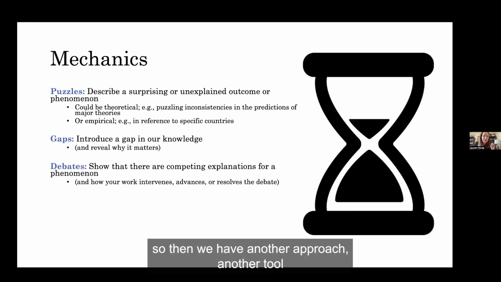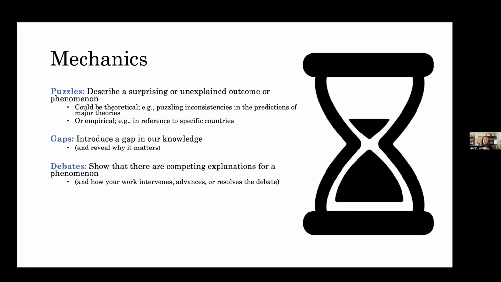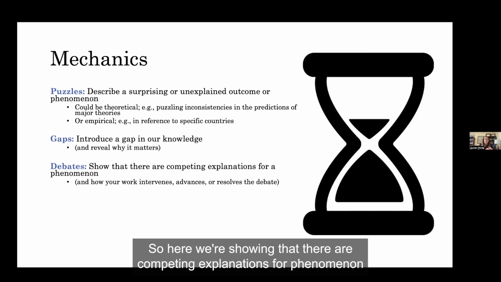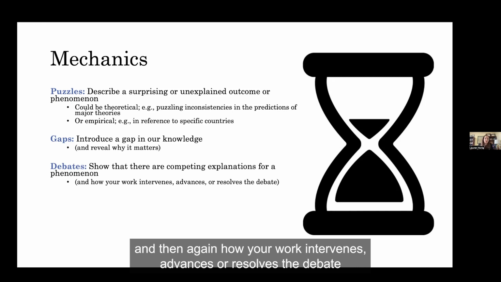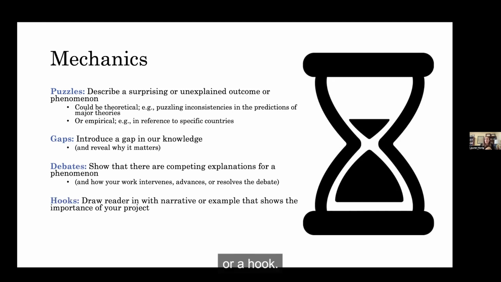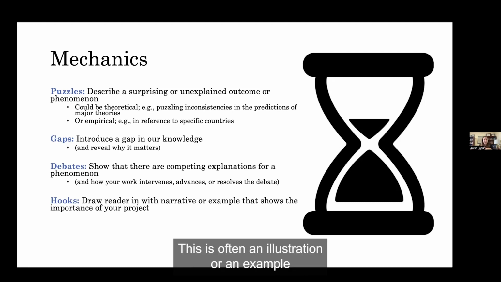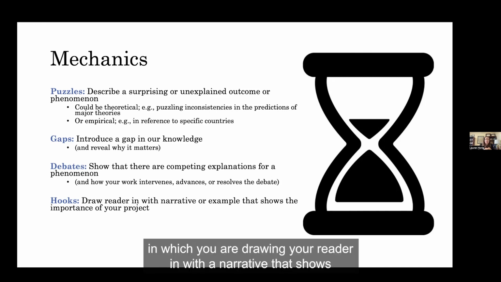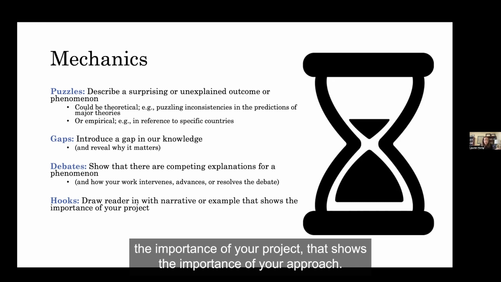Okay, so then we have another approach, another tool that's used to help with our frames, which are debates. So here we're showing that there are competing explanations for a phenomenon. And then again, how your work intervenes, advances, or resolves the debate. Or a hook. A hook is designed, this is often an illustration or an example, in which you are drawing your reader in with a narrative that shows the importance of your project, that shows the importance of your approach.